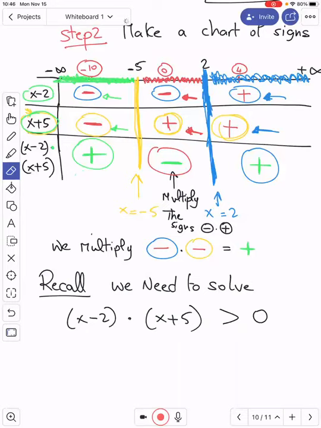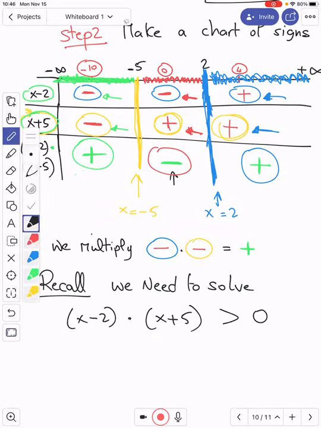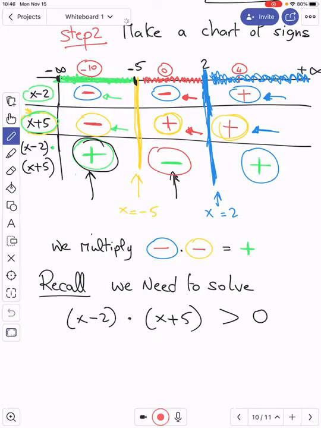Well, as you can see, let me just erase this. In the first interval, from -infinity to -5, it's positive. In the second interval, from -5 to +2, the red interval, it's actually negative.